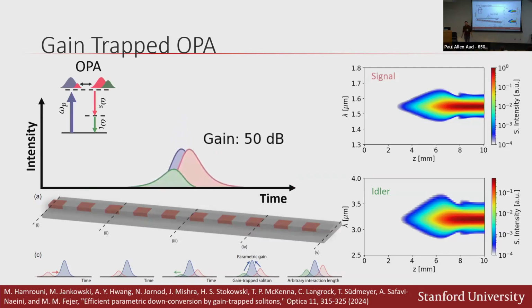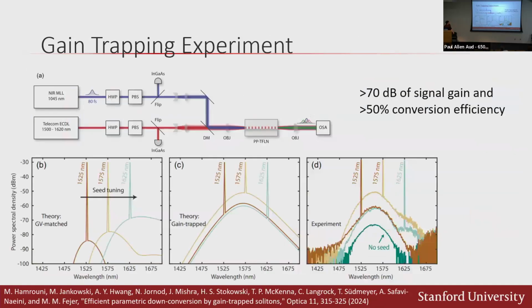What determines it is also the laser. I have basically two lasers that I'm combining. I might have a picture here. A really common laser wavelength that we use for the pump is 1 micron, so 1045, 1030, 1064 nanometer lasers. And the signal oftentimes is a telecom signal.